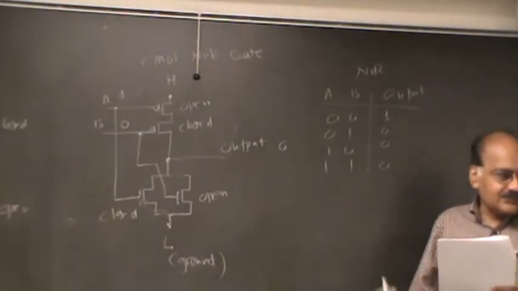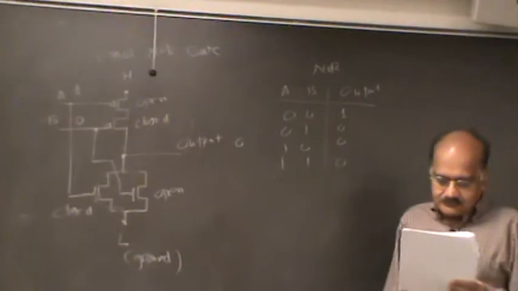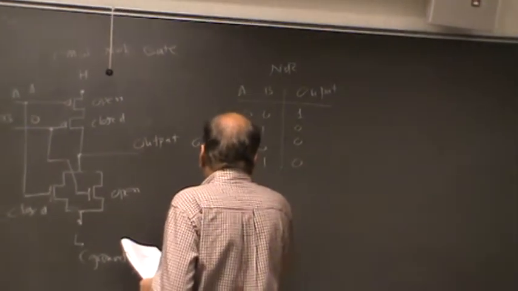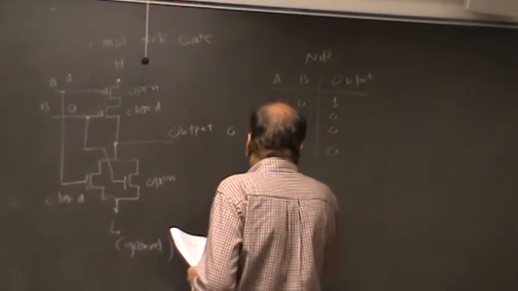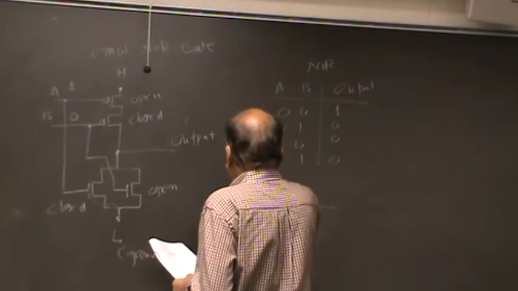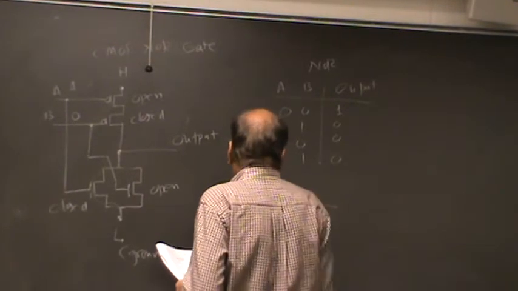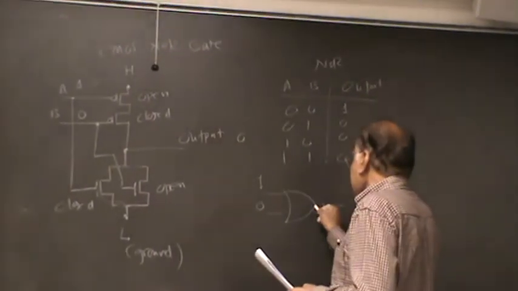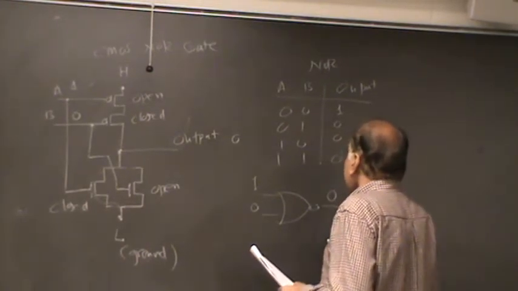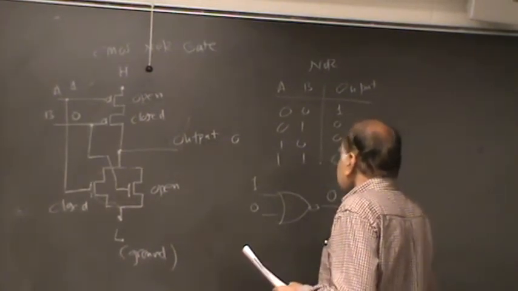And you can verify that this is indeed a NOR gate. So basically what we have done is, here's our NOR gate, and we have applied a 1 here and a 0 here. And obviously, if this was an OR gate, this would be 1. But because of this inversion, that's a 0. And of course, that is this case right here.